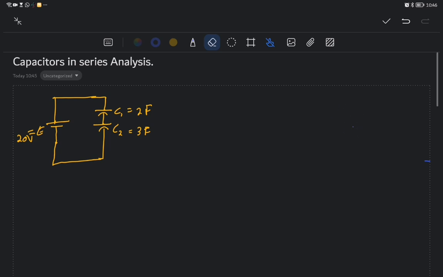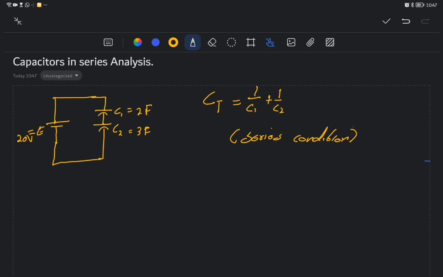It's going to be weird here, but follow that if you want to calculate the total capacitance under series conditions, you're going to say C total is equal to 1 over C1 plus 1 over C2. So it's a bit weird. If the capacitors are in series, the formula looks like the parallel formula from the resistors. That's where they flip the understanding.